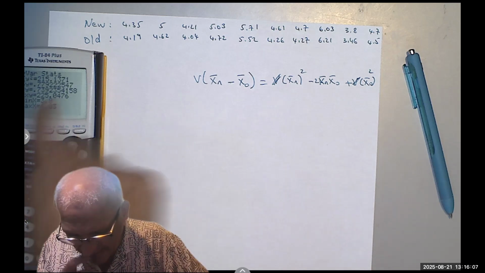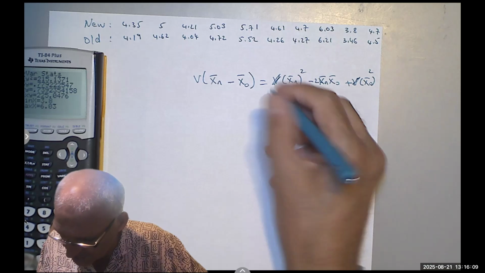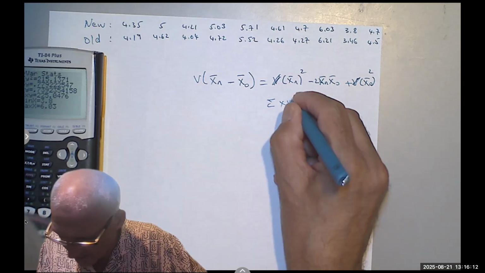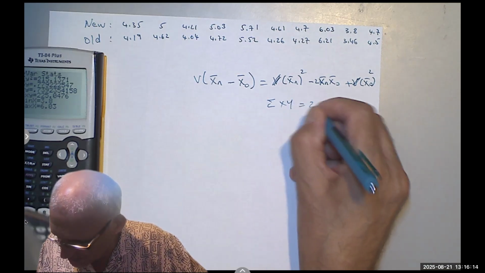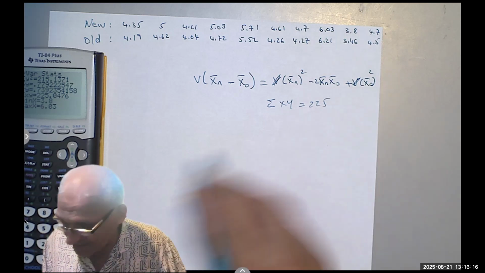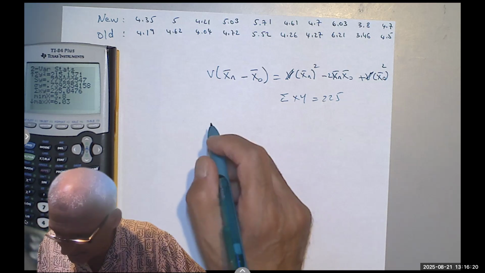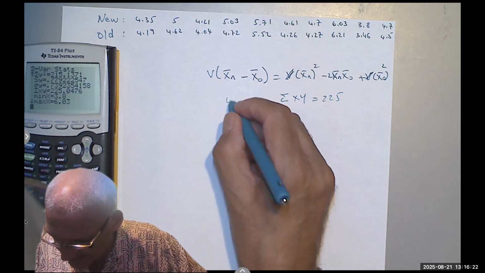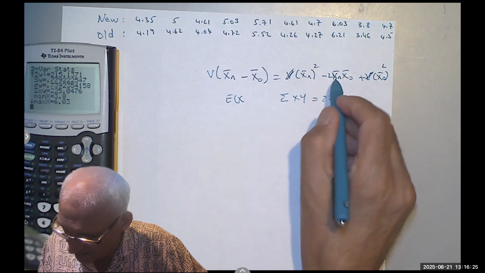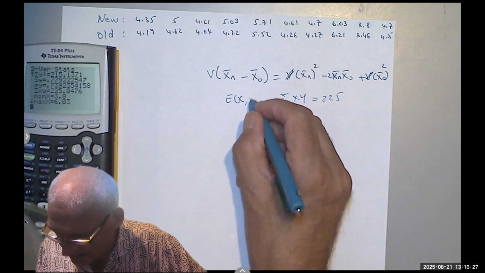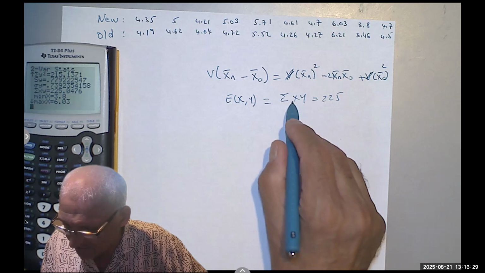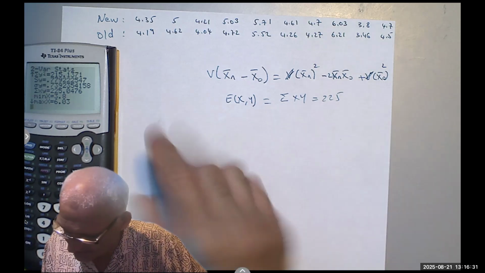Oh, it gives you sigma xy. So sigma xy is 225. Remember, the expected value of x and y is the summation of xy minus summation of x times summation of y.